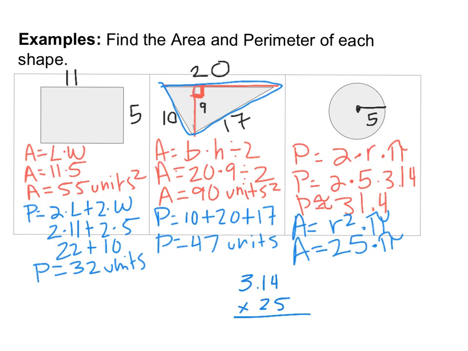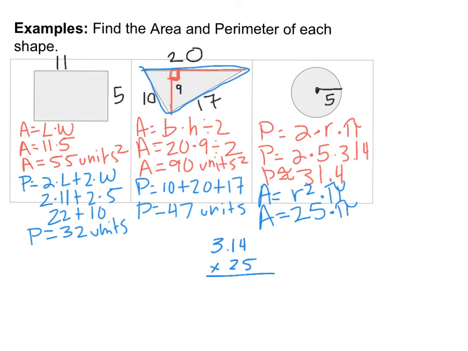I can't do 3.14 times 25 in my head, so I'll do it out. 5 times 4 is 20. Put down the 0, carry the 2. 5 times 1 is 5, 6, 7. 5 times 3 is 15. Then I'll put in a placeholder 0. 2 times 4 is 8. 2 times 1 is 2. 2 times 3 is 6.